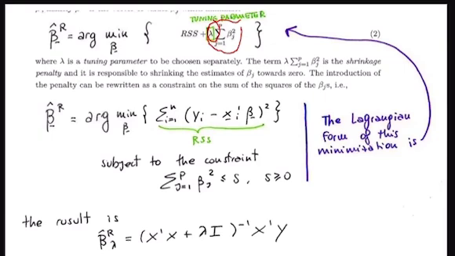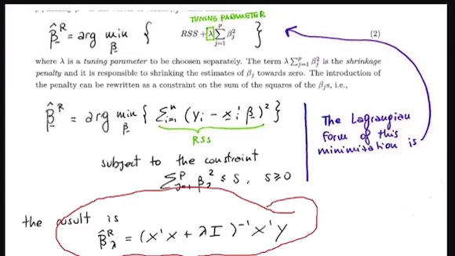At the end of the day, this is the ridge regression estimate. If I want to get the ridge regression estimate from a data set, that's what I'm going to use.